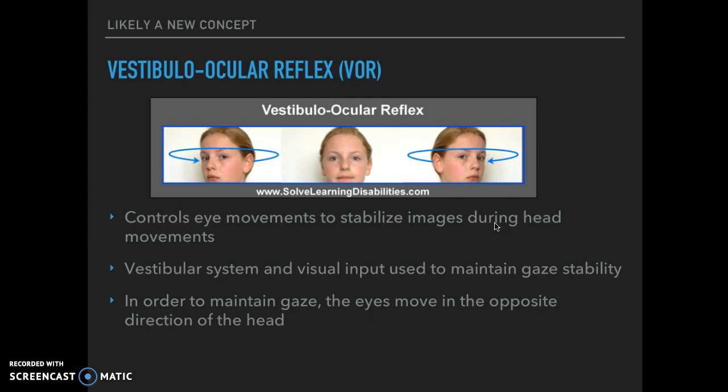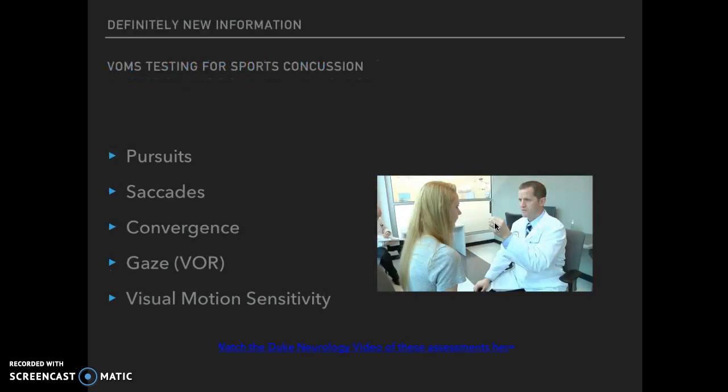I can maintain focus on a particular object even though my head is moving because of my vestibulo-ocular reflex. That's an important thing that can be impaired in your patient and a good way to identify deficits that happen with concussion.